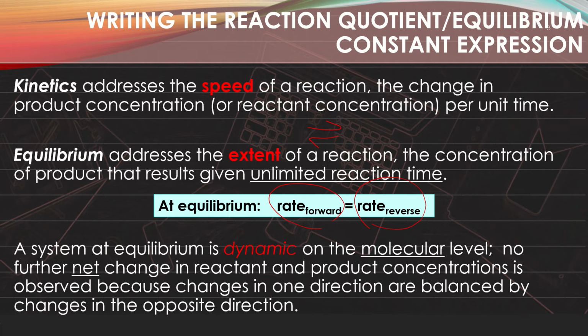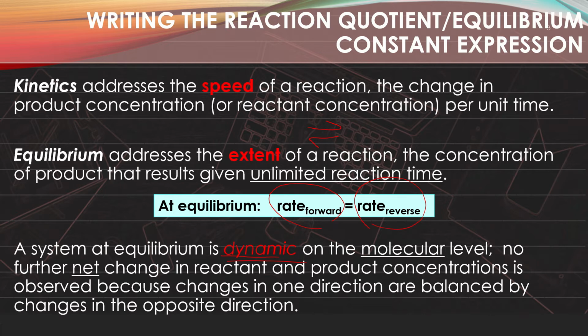Ngayon naman, itong reaction na ito, hindi ibig sabihin na kapag naging equal na yung amount ng reactant at ng product, ang mag-i-stop na ang chemical reaction. At the molecular level, the system at equilibrium is said to be dynamic. Ibig sabihin, gumagalaw pa rin siya, kumikilos pa rin siya. Kumikilos siya in the sense na if the reactants produce the product and the product produce the reactants, hindi siya mag-i-stop kapag naging equal na ang kanilang amount.